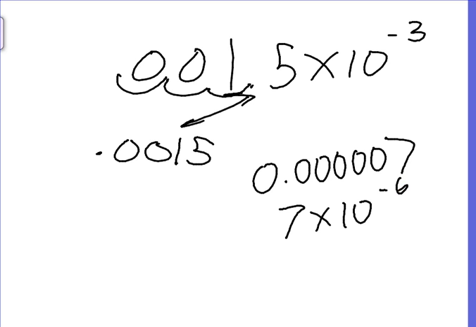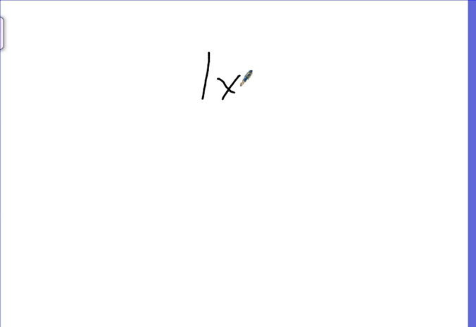Okay? One more. 1 times 10 to the negative 4th and negative 10. Which one of those is bigger? You don't have to solve it if you remember the rule I told you. Which one of those is bigger? Do negative exponents ever make a negative number?